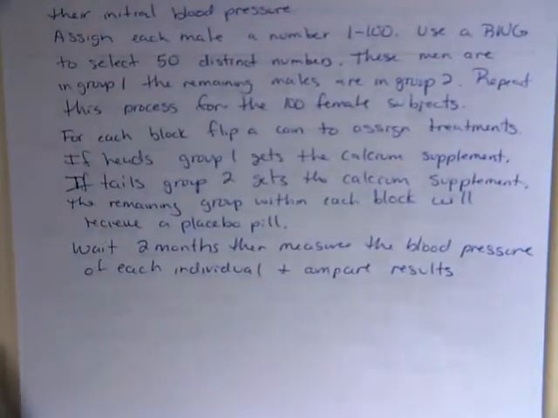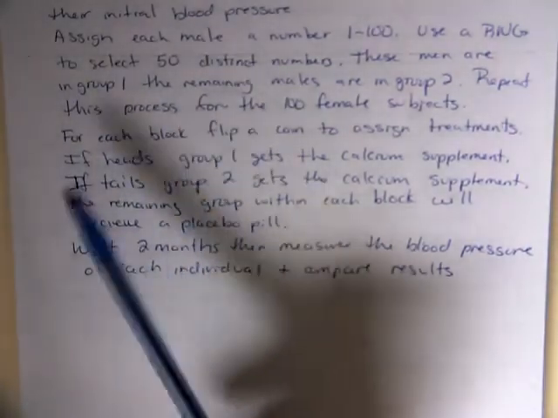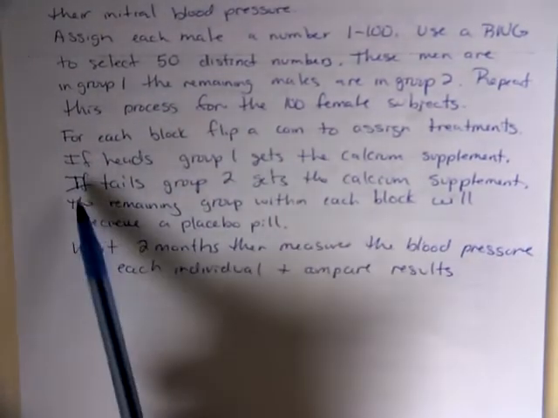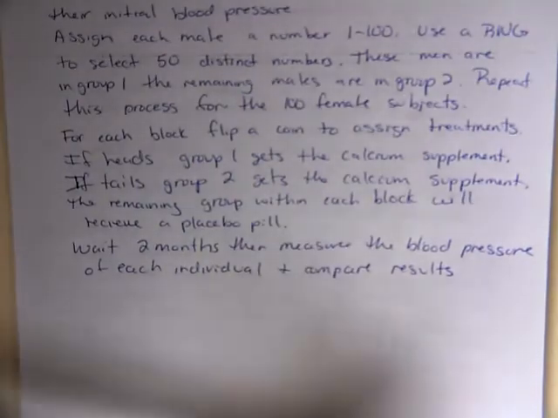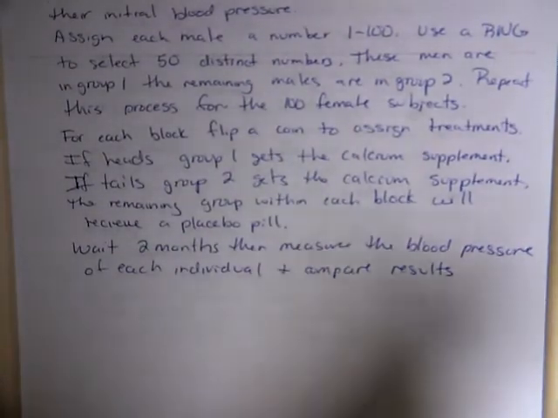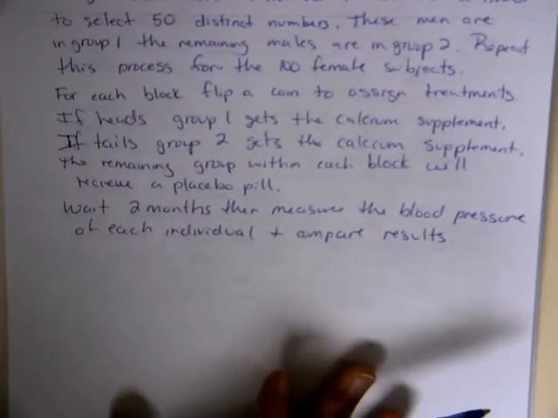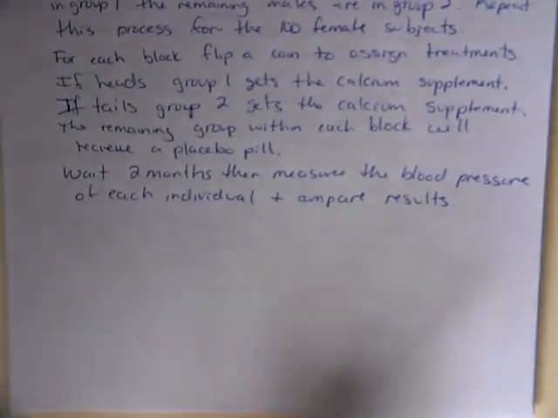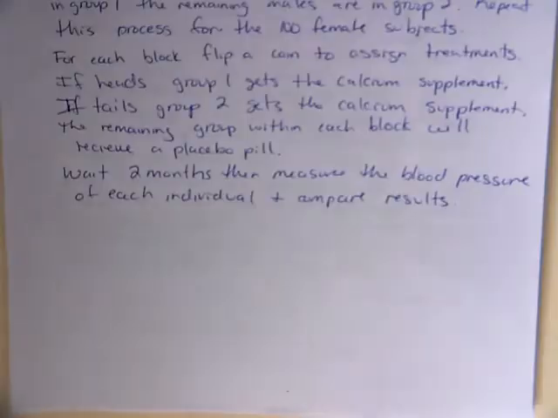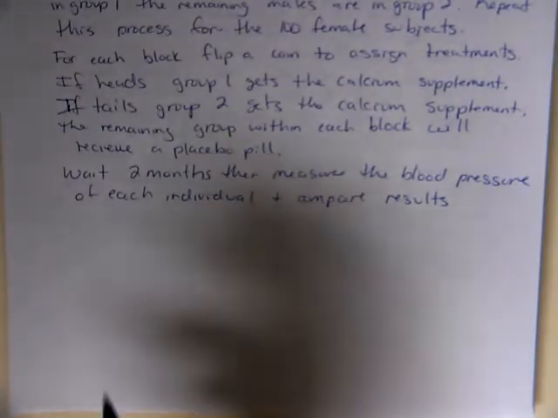Okay, so blocking's not that hard. It's, again, a little bit more writing, but just explain what you do for one block, and then here I kind of said for each block, so I didn't have to go back and forth. Explain the advantage of using a larger groups of subjects. Choosing the size of the treatment groups requires more statistical expertise, which we do end up learning about later this year.